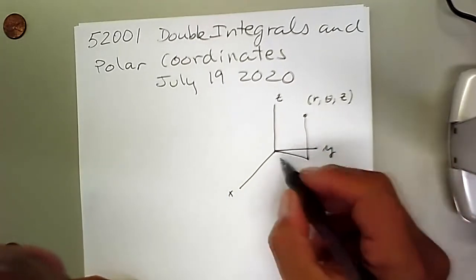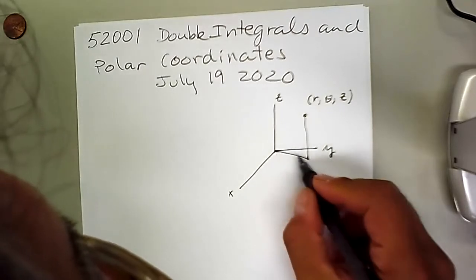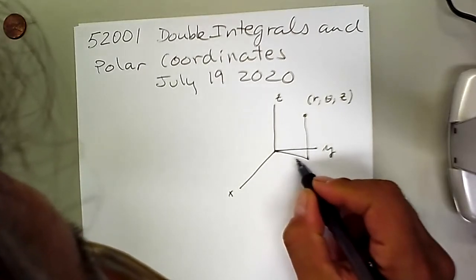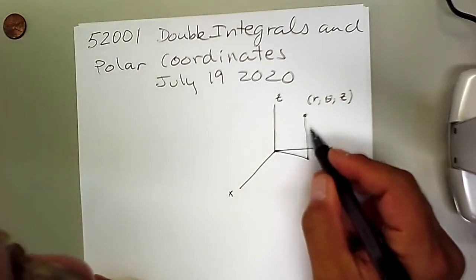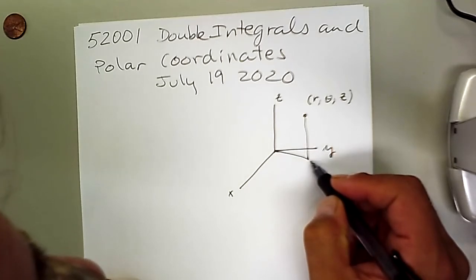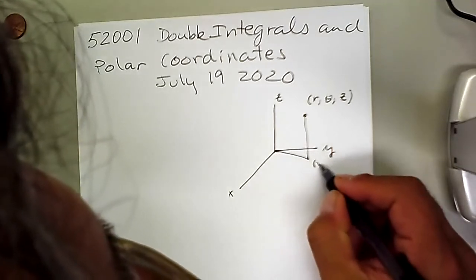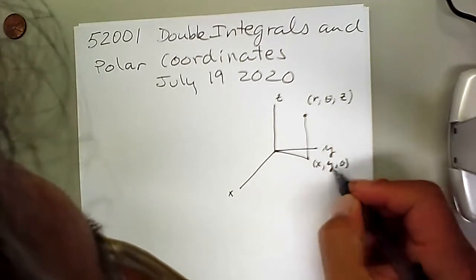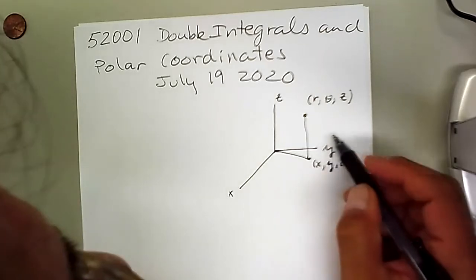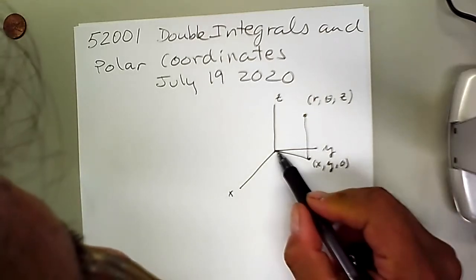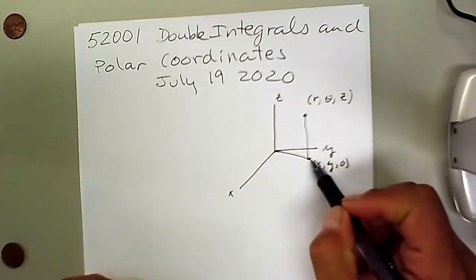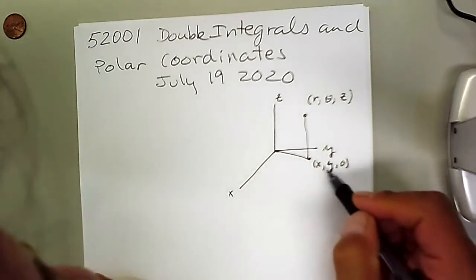Instead of x and y, we're going to have r, which is the distance from the origin to the projection of the point onto the xy plane. So this is x, y, 0, this point down here.